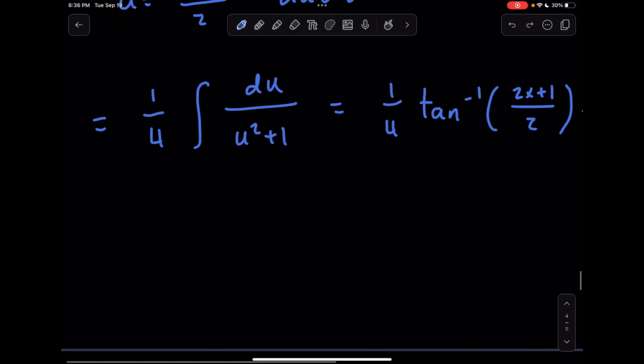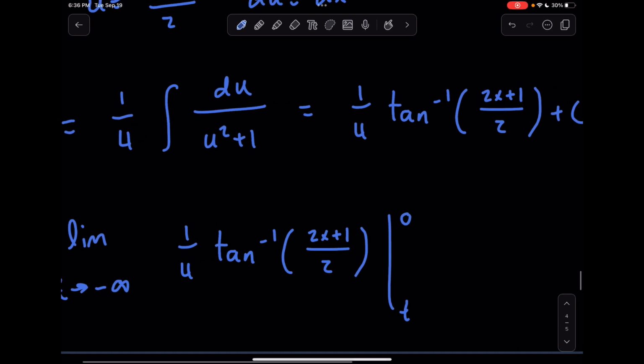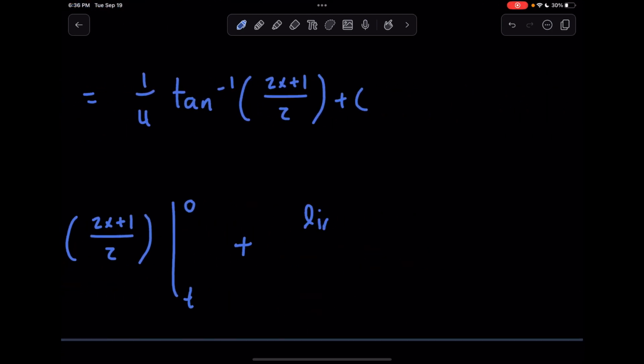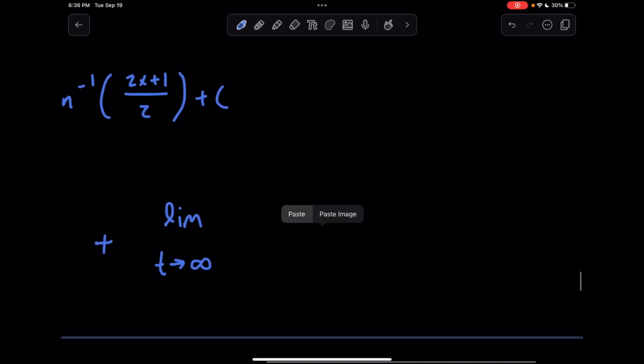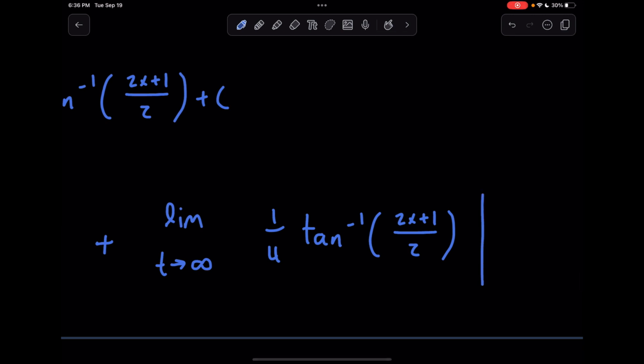The first one will be the limit as t approaches negative infinity of our result from t to 0, plus our second one will be the limit as t approaches infinity of our result from 0 to t.